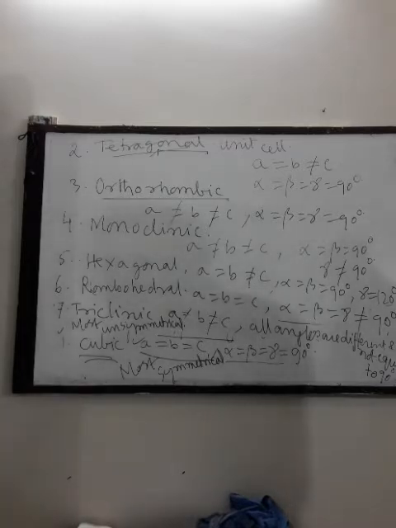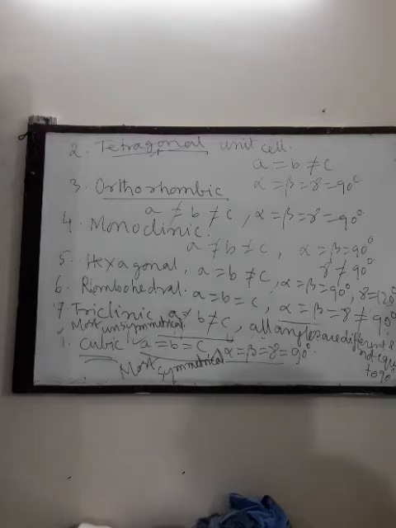So out of 7 different simple or primitive crystal systems, here only particles are present at the corners. Cubic one is most symmetrical because all sides are the same, all angles are also the same and equal to 90 degree.